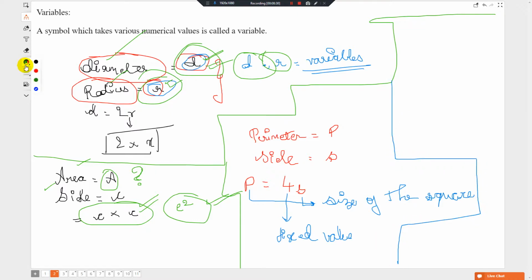How do we tell that these are variables? In the first example, the diameter is d and the radius is r. Only these two are variables.